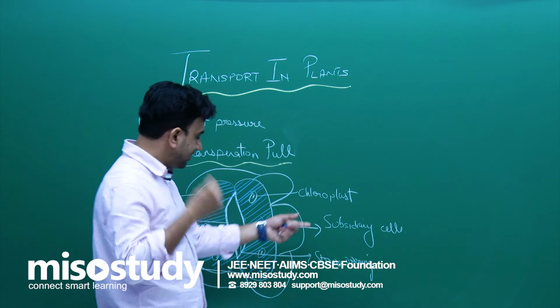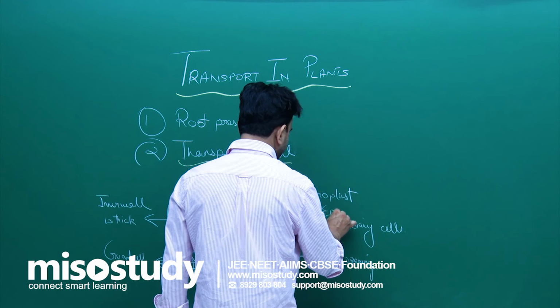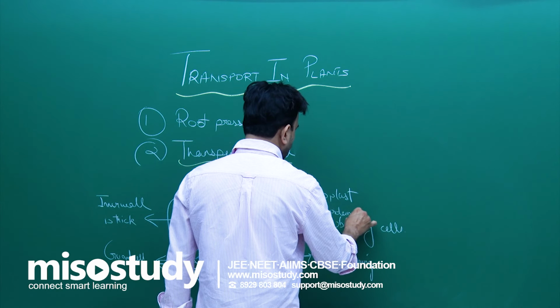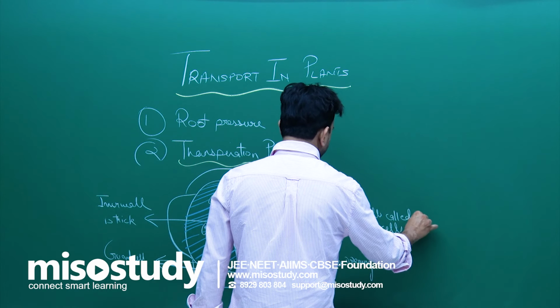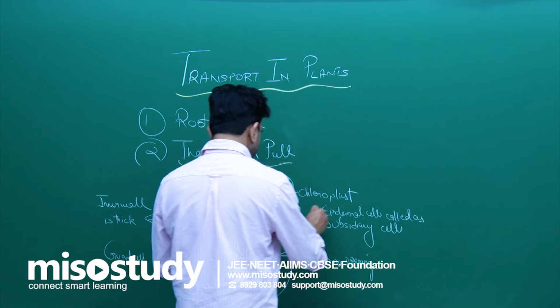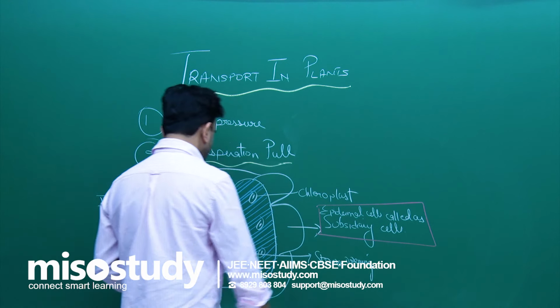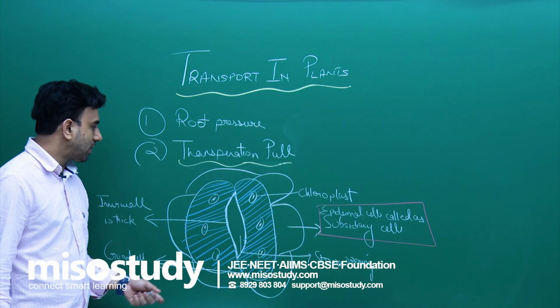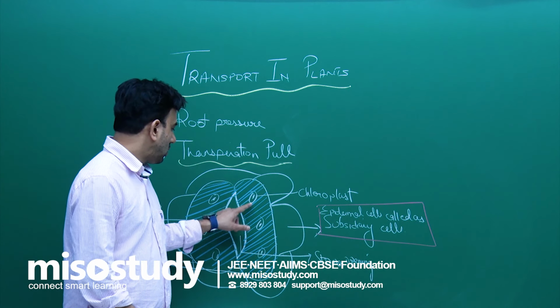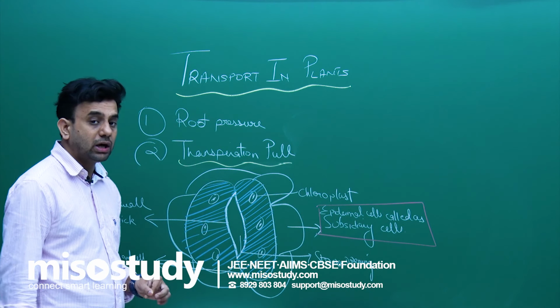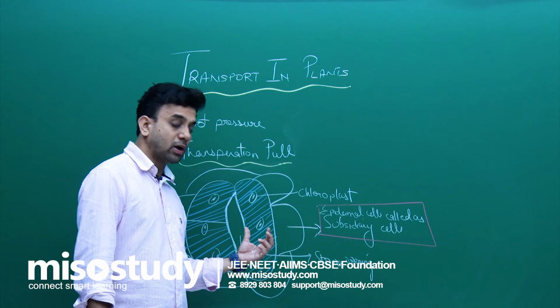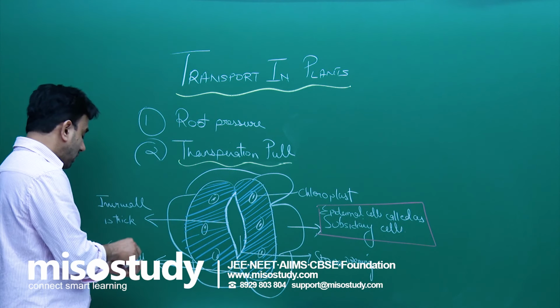These are the epidermal cells called subsidiary cells. Okay, these are the chloroplasts I have mentioned. All these are chloroplasts. This is a stoma opening. The inner wall is thick when we talk about the dicot guard cells.